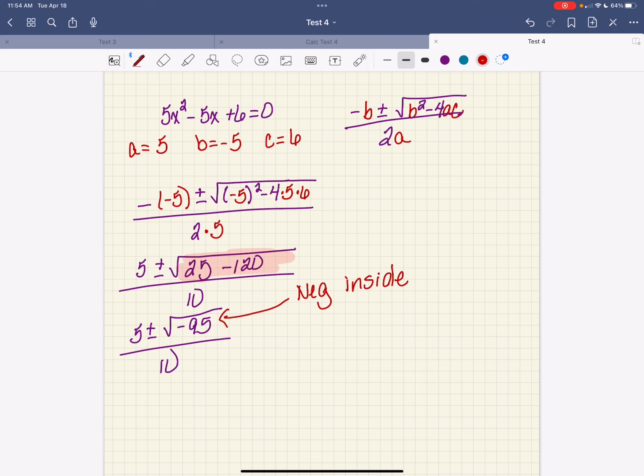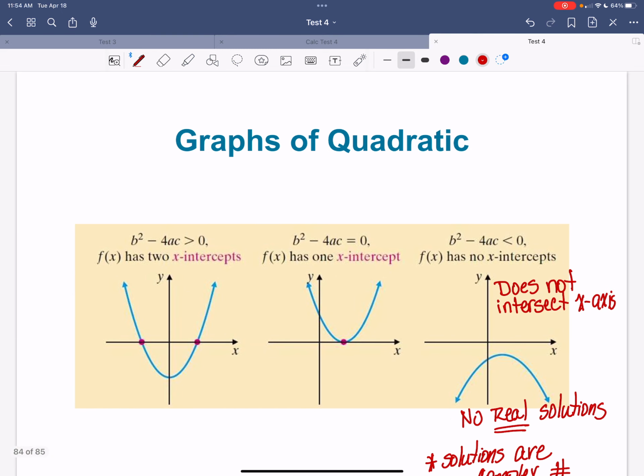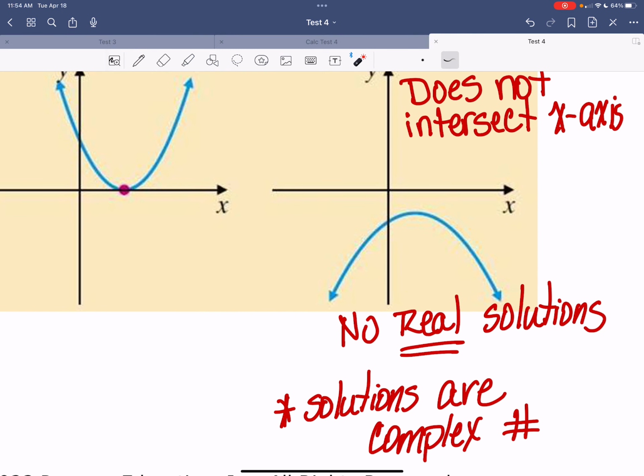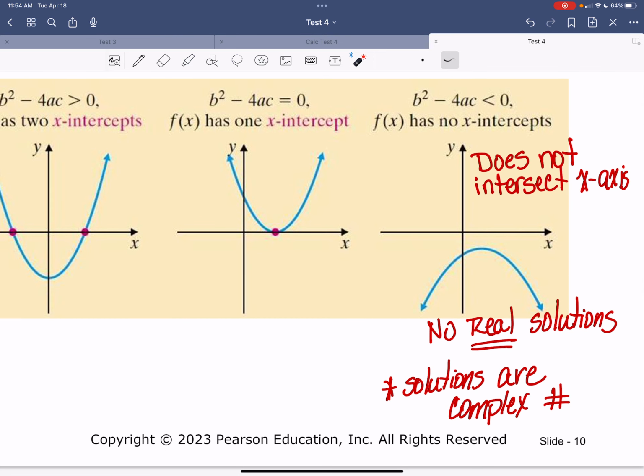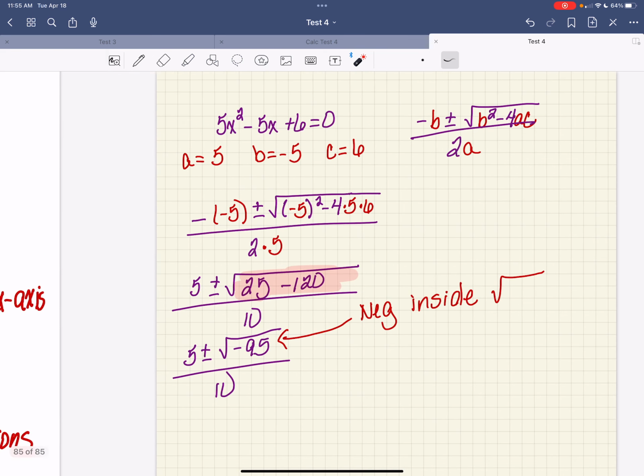And once we have a negative inside a square root, we are no longer talking about what? We're no longer talking about real numbers. Okay? And that's what happens right here. We get a negative inside the square root, and so our quadratic does not have a real solution. It has a complex solution. Okay, so it's no real solution, but we can identify what its complex solution is.